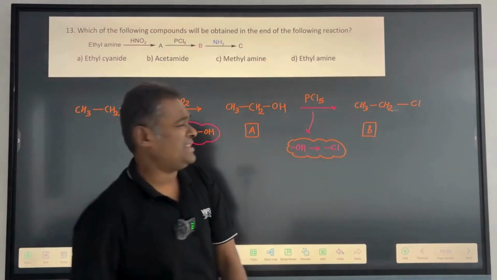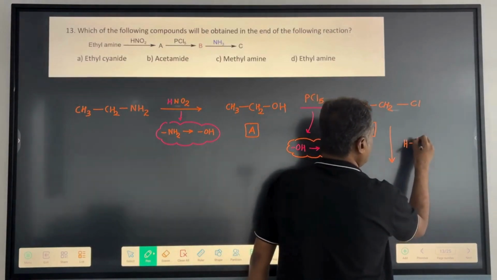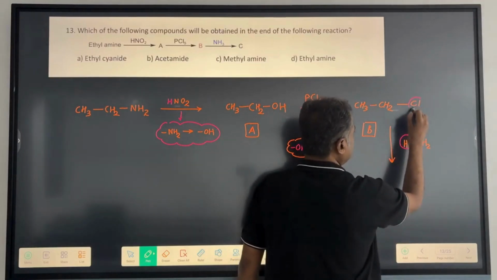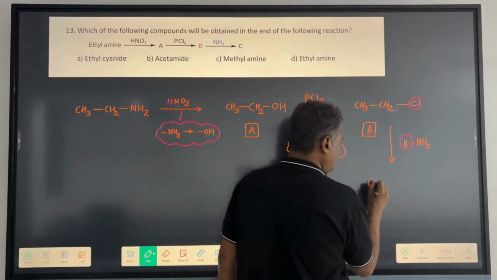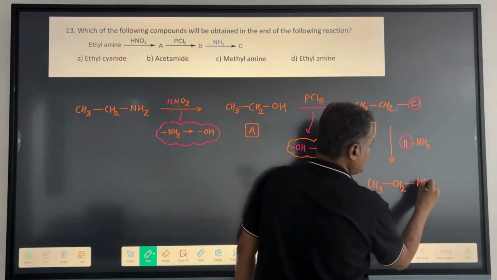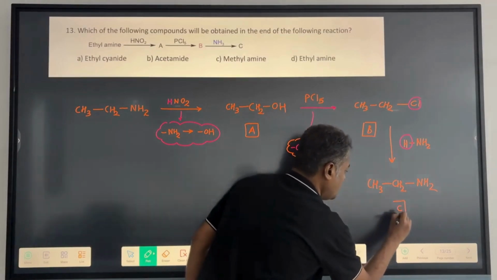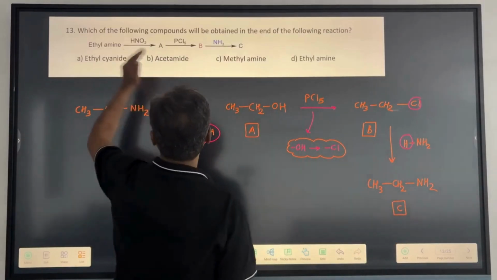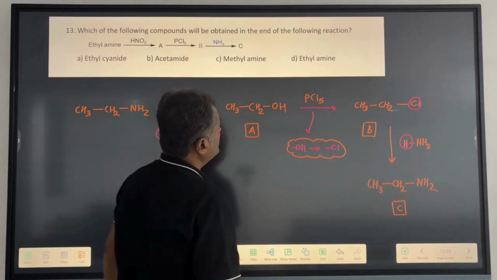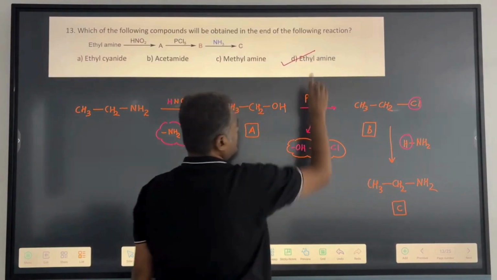Now, what is the last step? That reaction is to react this with ammonia. Now, when you react with ammonia, what will happen? Your H and Cl will get lost and the product obtained over here would be CH3CH2NH2, which is nothing but your compound C. And they have asked us to find the end product of the following reaction, which is C. So, your C can be nothing but, as per the option, ethylamine, correct?